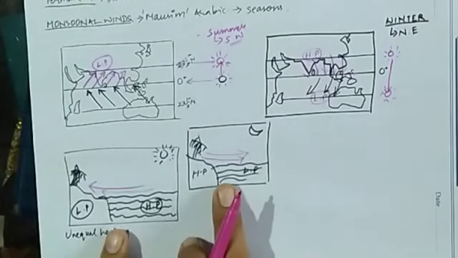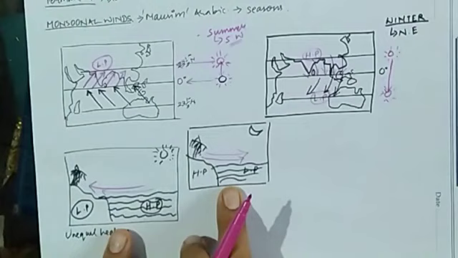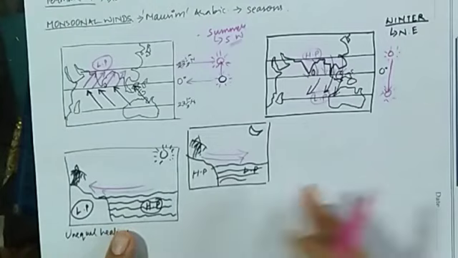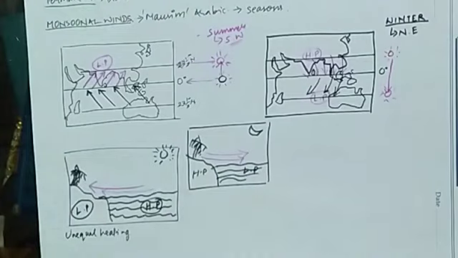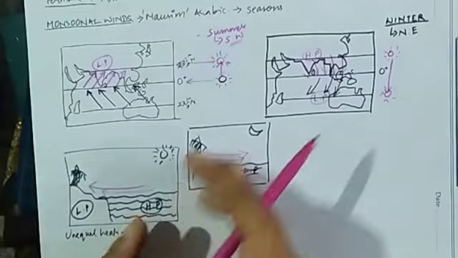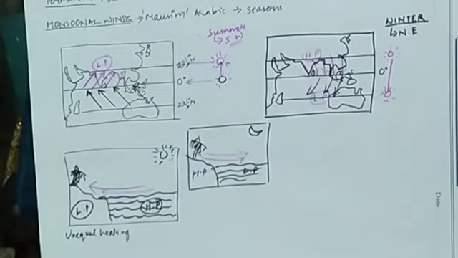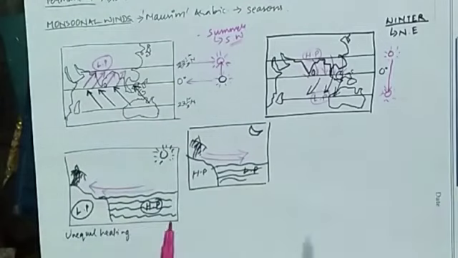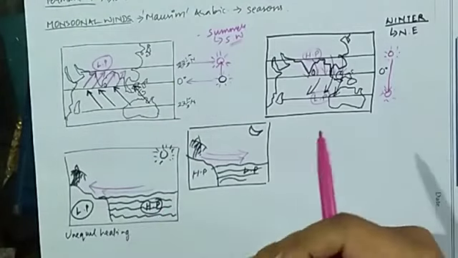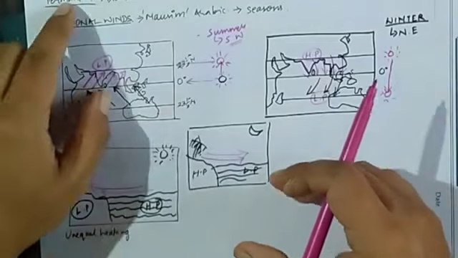So here also, if you see, during the different times of the day or the year, the winds are flowing in different directions. So this is also the best example of the periodic winds. I hope the periodic winds are clear to you. It is not fixed or permanent, isn't it?